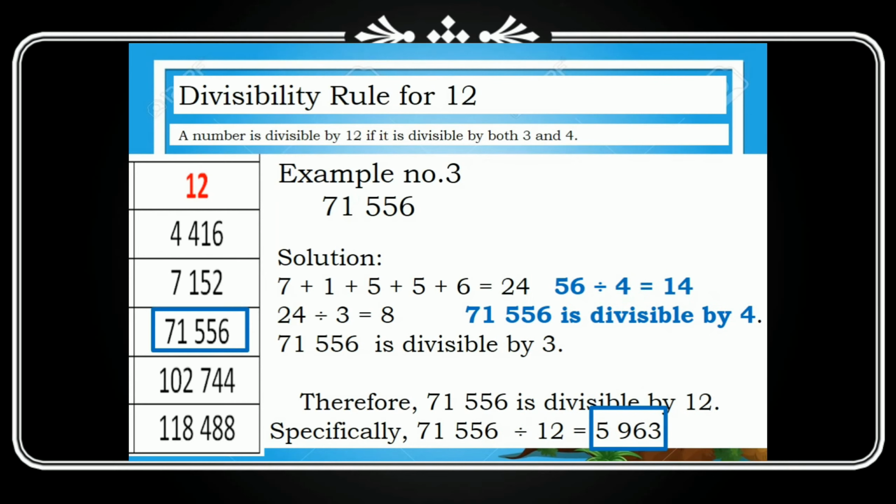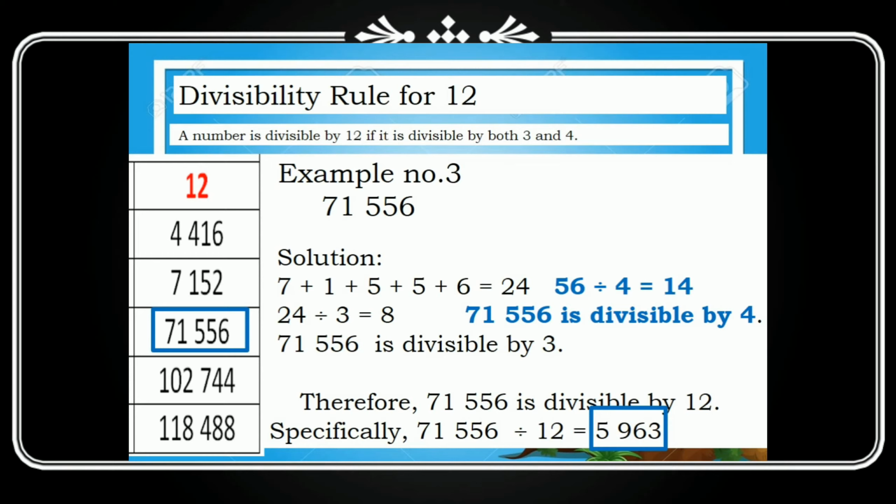Example number 3, 71,556. 7 plus 1 plus 5 plus 5 plus 6 is equal to 24. 24 divided by 3 is equal to 8. 71,556 is divisible by 3.